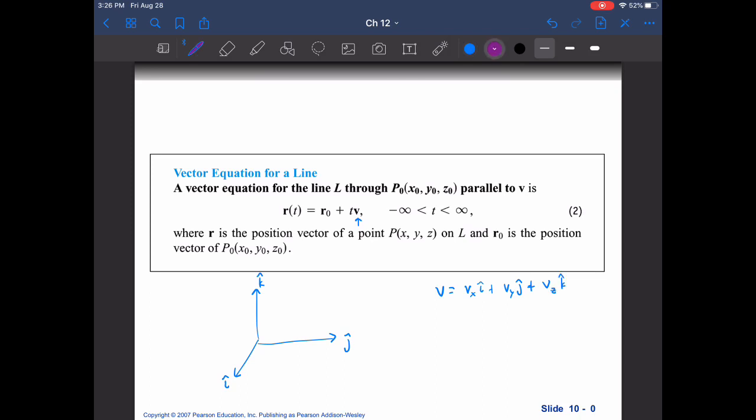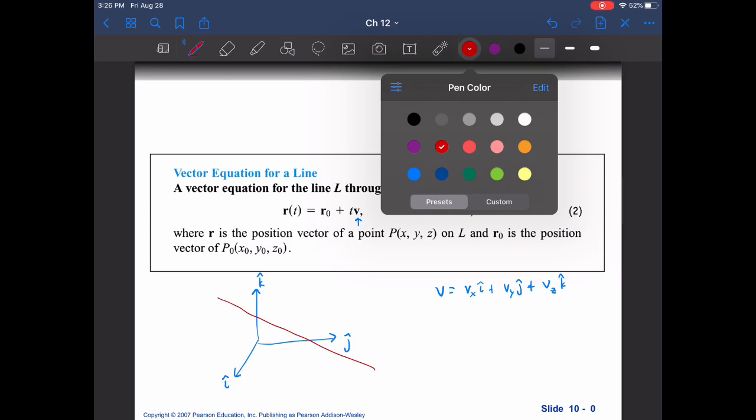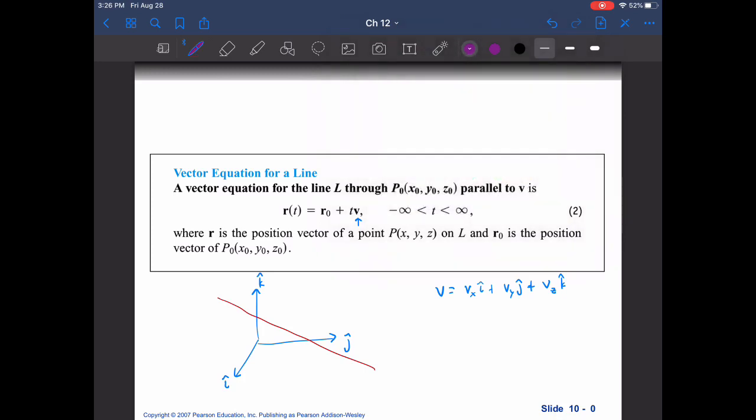When we have our line on here, let's make our line red. We have some line coming through, and when we look at this vector V, we'll make it purple, it is parallel to this line.